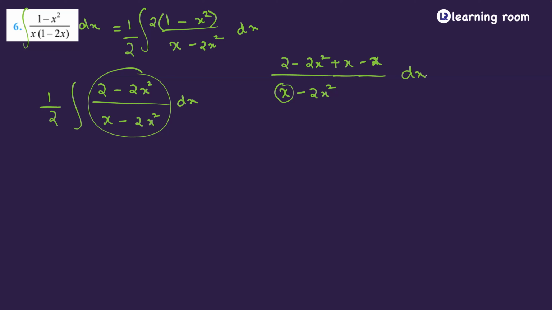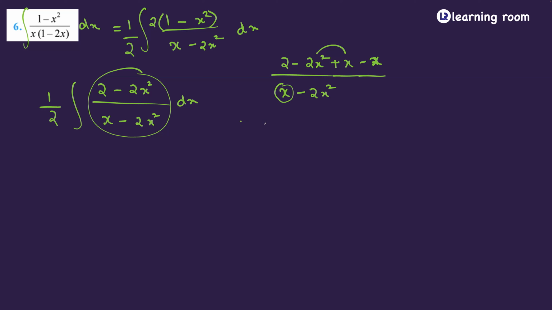Okay, this dx is not needed. Now, if you observe, this x minus 2x square is exactly the denominator.